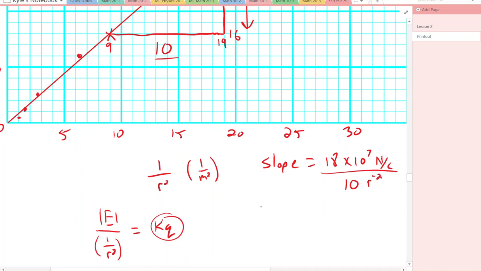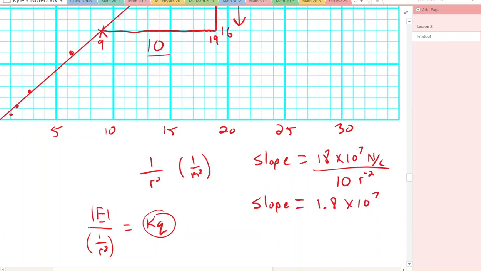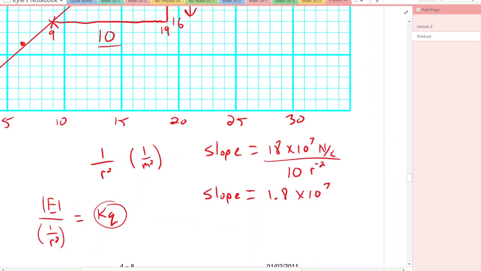So our slope would be 1.8 times 10 to the 7. And now I'm going to write my units a little bit differently, because I've got r to the negative 2 on the bottom, which is like 1 over r.